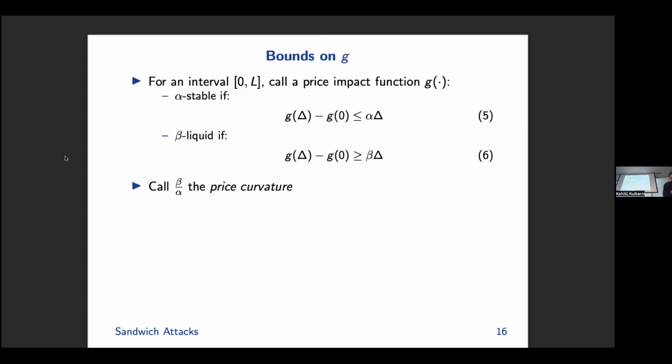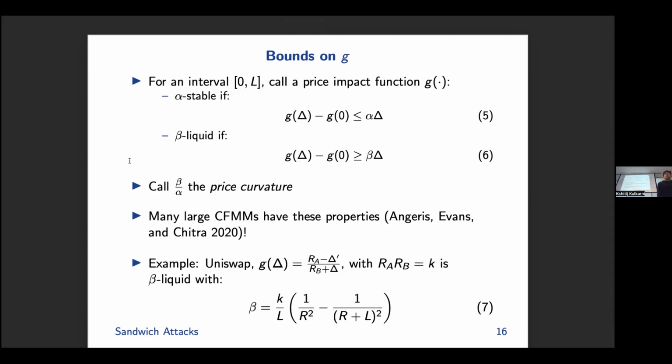That is, there's some amount of liquidity in the system that changes the price, and the price is stable, it doesn't just blow up. So if you have these linear upper and lower bounds, then you can call the ratio of these things the price curvature. And I'll say why this is useful in a second.